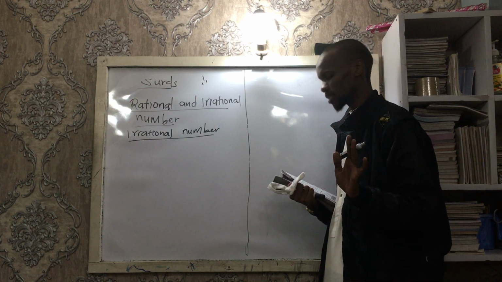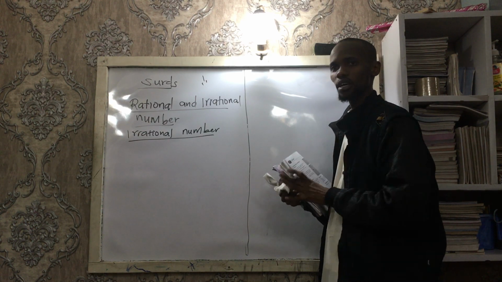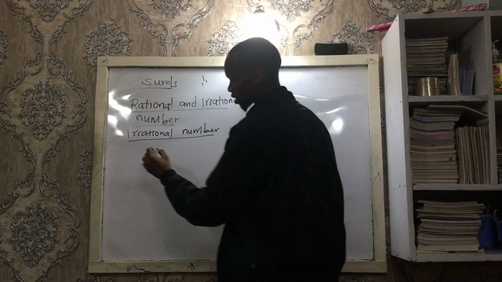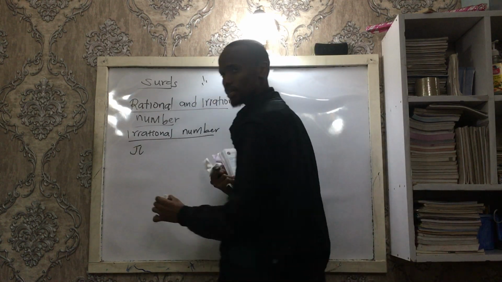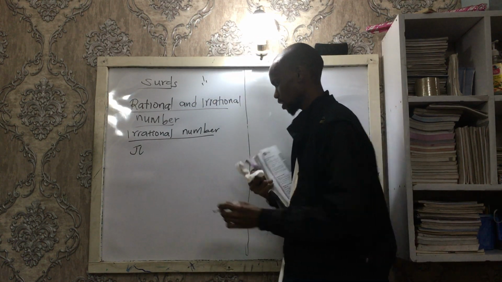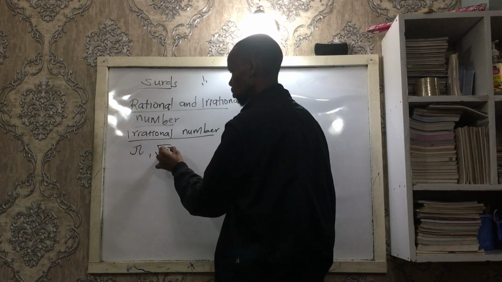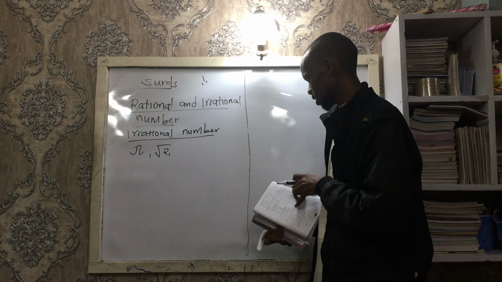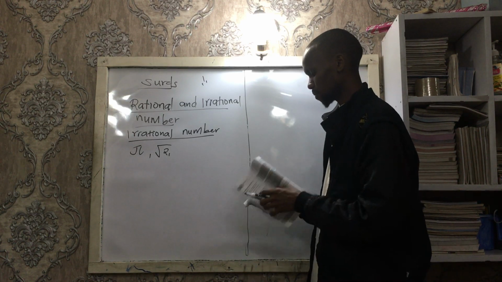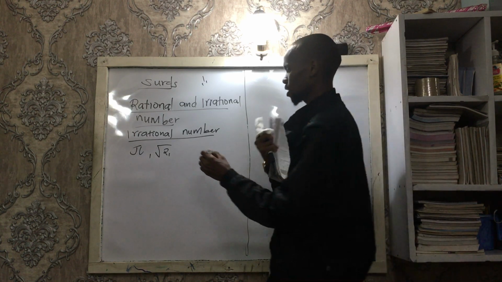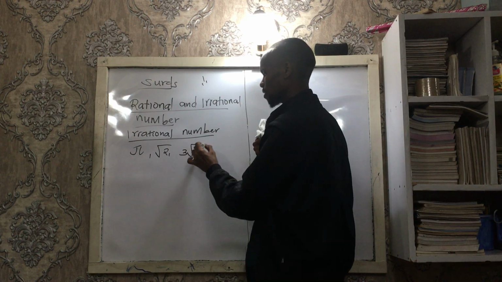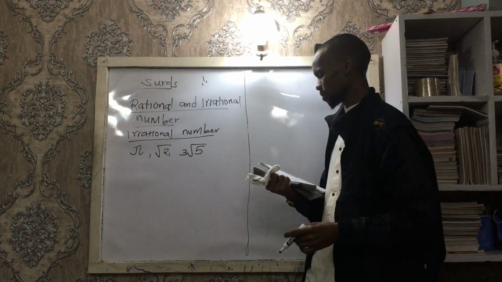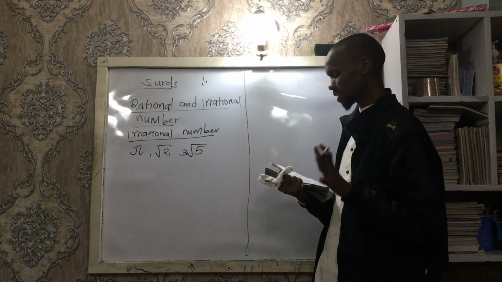Are you together? Examples of irrational numbers can be pi, or root 2. You cannot express it as a fraction. Another one might be the cube root of 5. These are called irrational numbers. You cannot express them as an exact fraction.